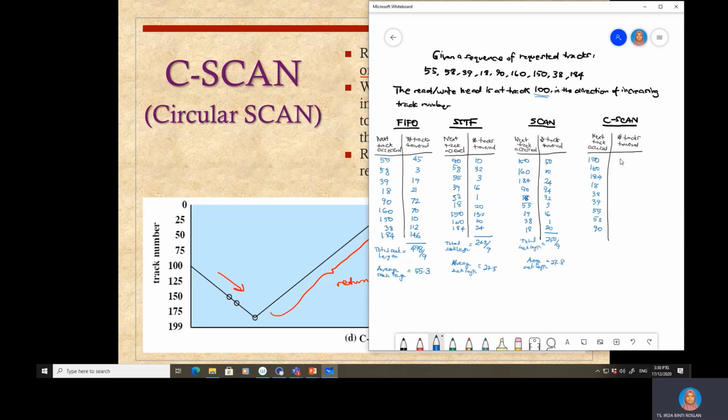We will get 50, 10, 24. 184 minus 18 is 166. 20, 116, 3, and 90 minus 58, we get 32. So total up, you will get the total seek length.